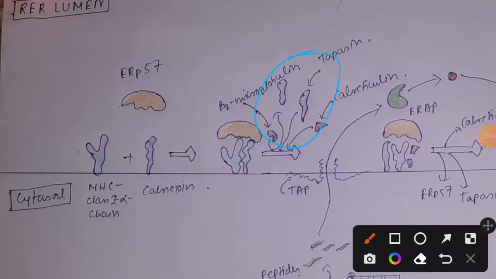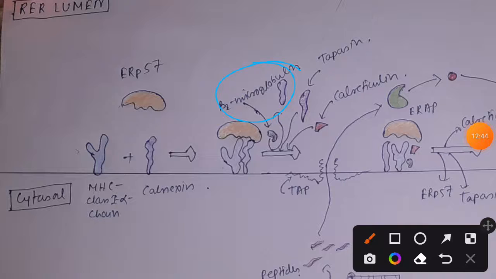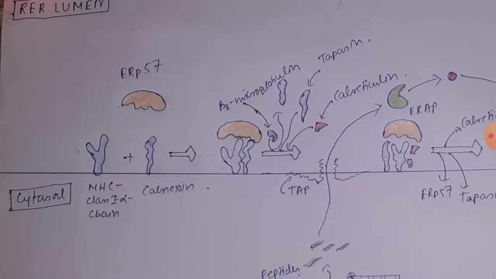There I am just joking about that. I am trying to explain it in such a way that you will not forget. So beta 2 microglobulin will facilitate the entry of tapasin and calreticulin. On the other hand, beta 2 microglobulin also facilitates the removal of calnexin and ERP57. That is the thing. And sorry for all the joking.